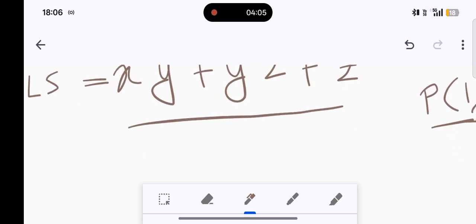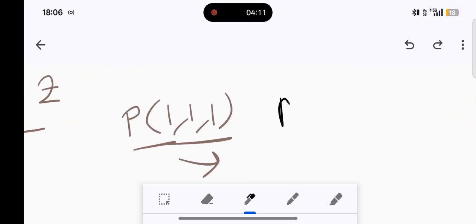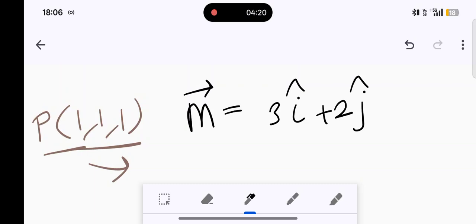So how can we deal with such questions? We need to find the gradient first. And the m vector is given as, let's just assume, 3i cap plus 2j cap plus k cap. Very nice.